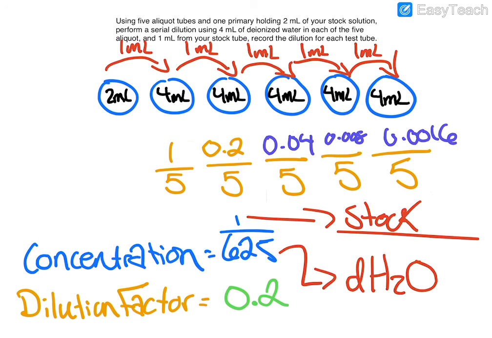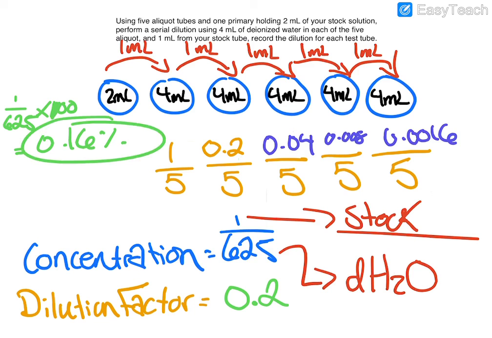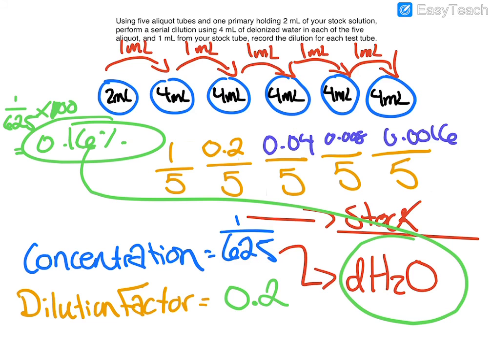Or if they wanted it as a percent, you could do 1 divided by 625 times 100, which is 0.16% stock solution in your deionized water.